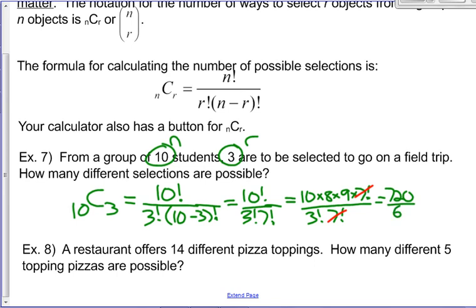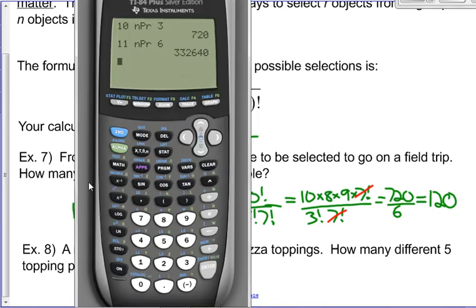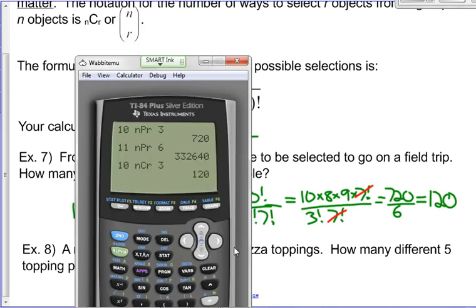So you can see right there how the number of possibilities goes down for the combinations. If it had been a permutation, we'd have 720. Here it's going to be 720 divided by 6, or just 120. Now, if you don't want to see any of that in motion, you just go to your calculator and say, all right, it's 10. I go over and find my nCr button, 10C3, or 10 choose 3, and it tells me 120.